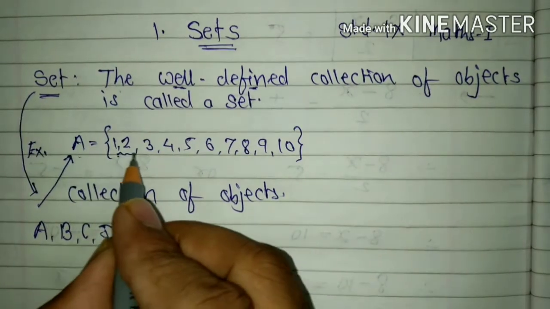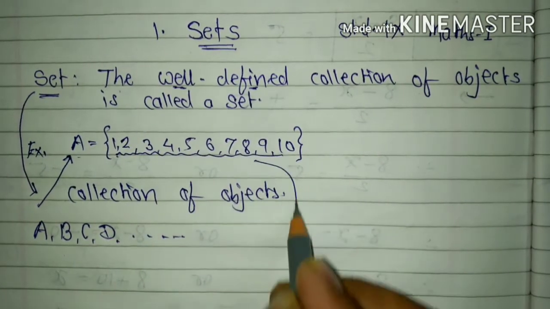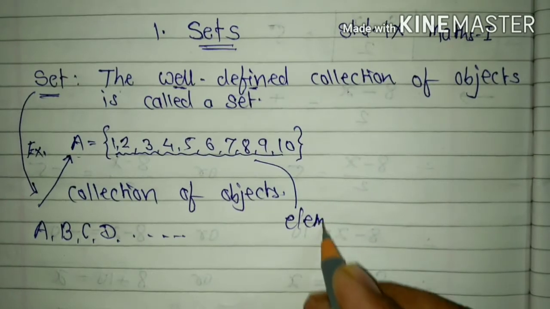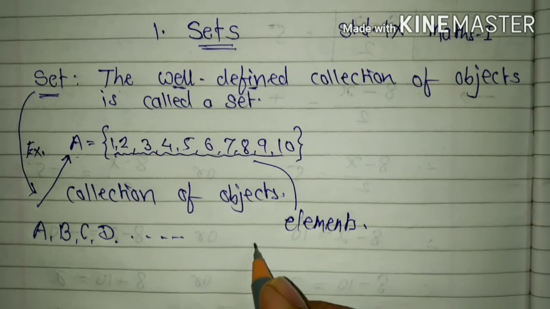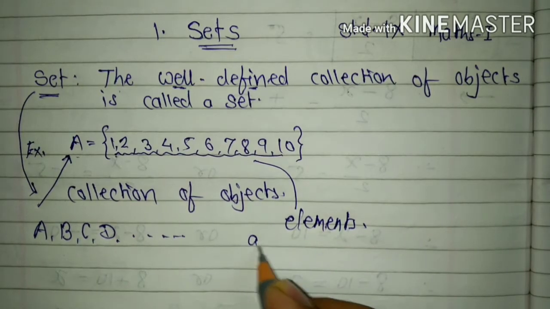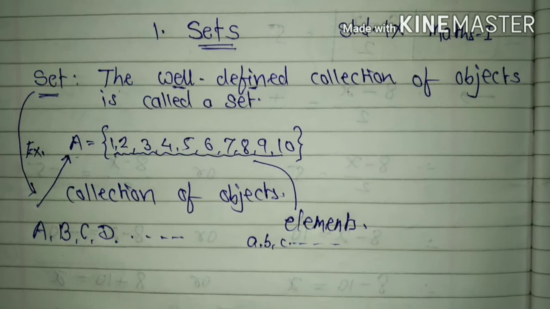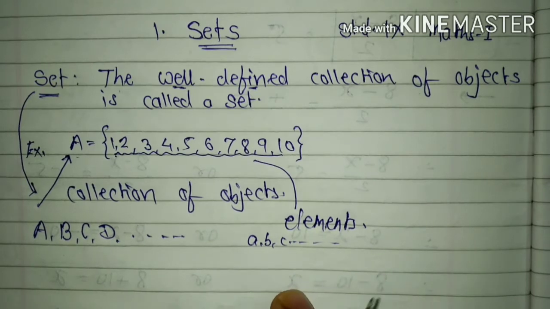And these are the elements. Elements are always denoted in the form of numbers or small letters a, b, c, whatever be the part of the set.